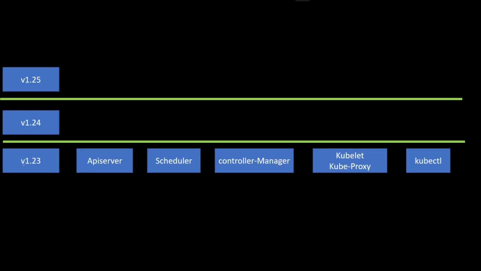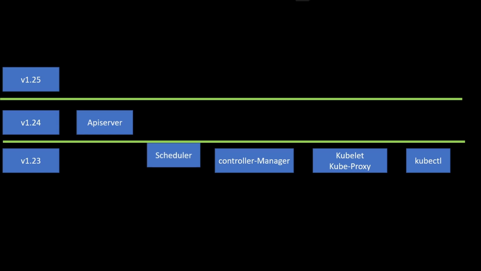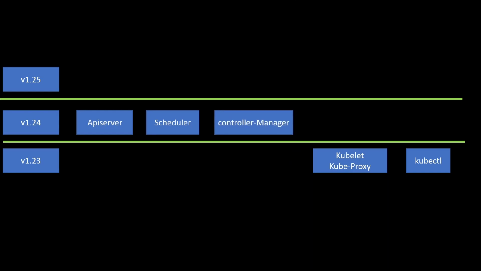Let's suppose you are on version 1.23. 1 is the major version, 23 is the minor version, and the last number is the patch number. Let's suppose we have 1.23 here. We can upgrade the API server to 1.24. The scheduler is the same, and the controller manager we can also upgrade to the same version.